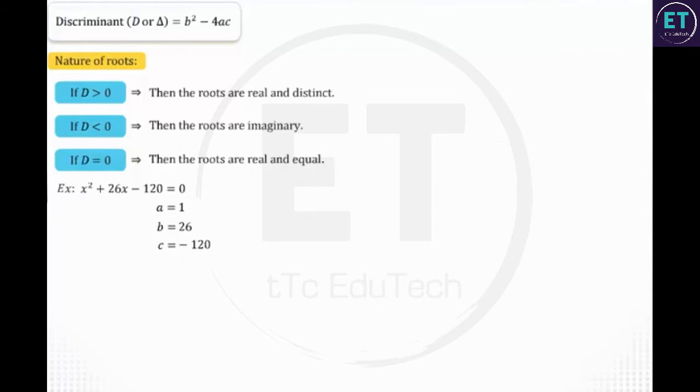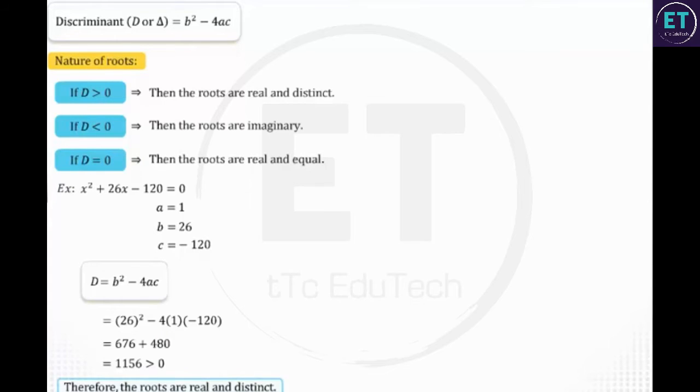Substituting the values of a, b and c in the formula and simplifying, you get d is equal to 1156. Since d is greater than 0, the roots are real and distinct.